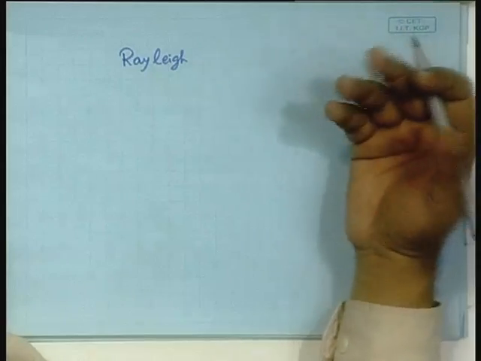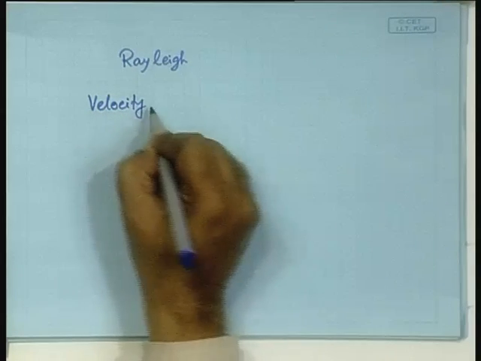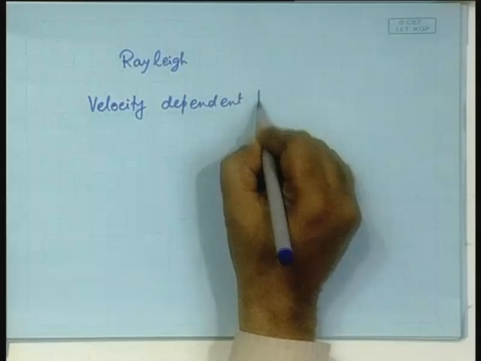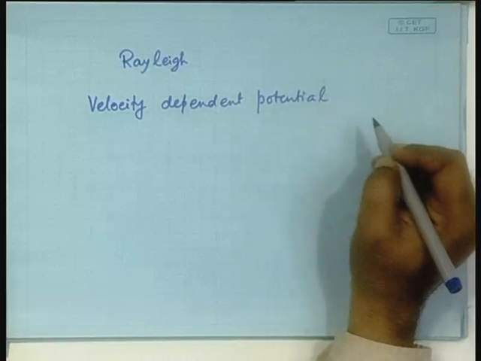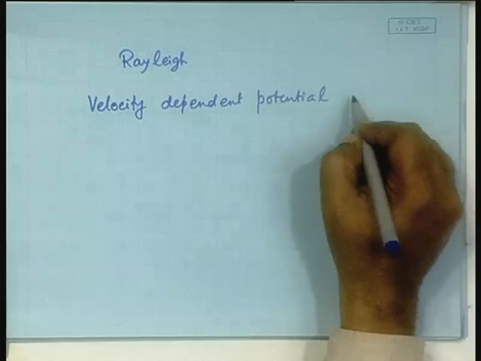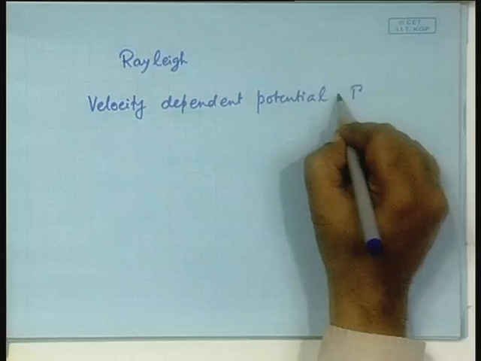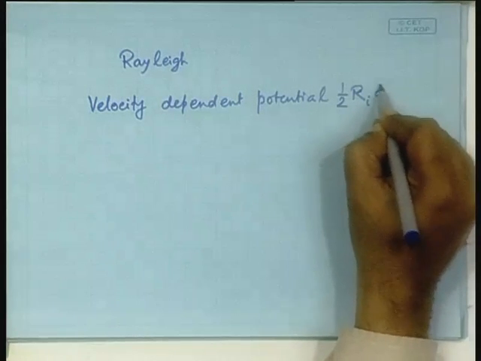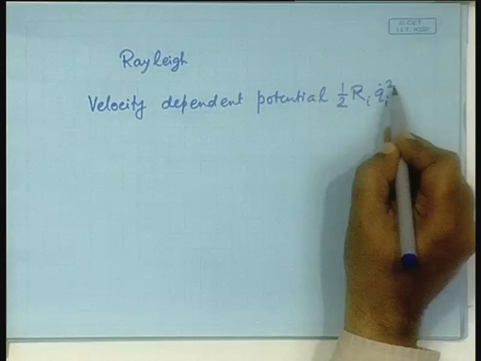So, velocity dependent potential, that would be expressed as half r_i q_i dot squared along each of these directions.